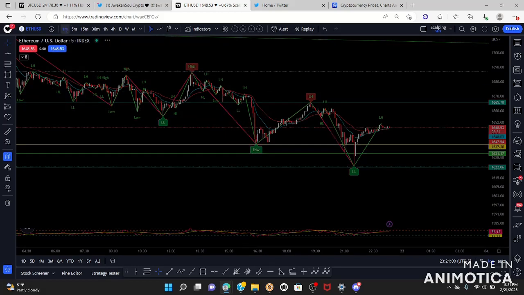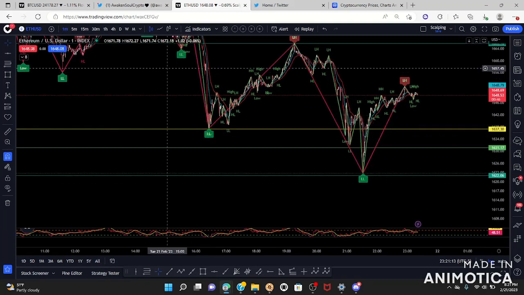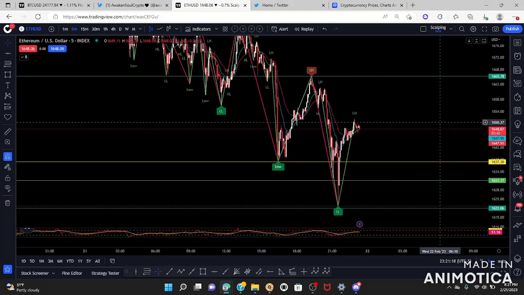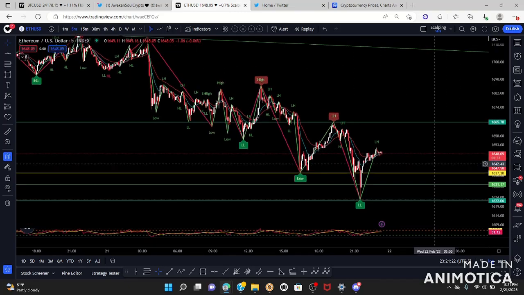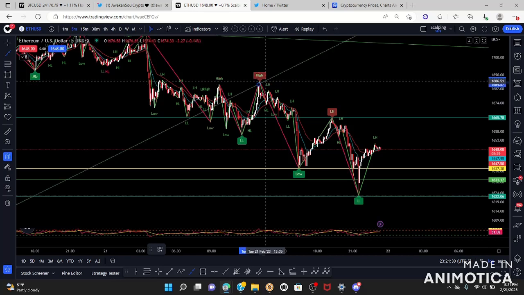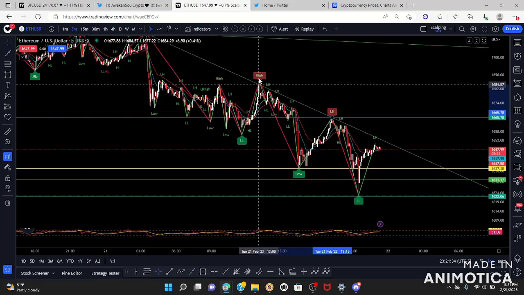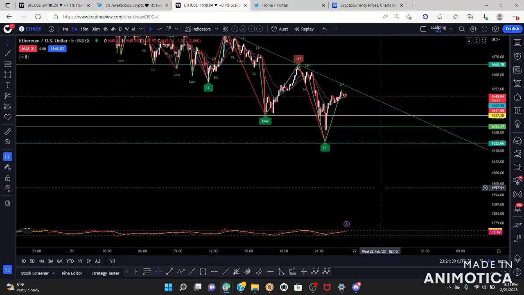Even within my 1 minute, right? I would actually consider shorting from this new higher low that's appearing right now. If I was just coming into the charts, I would set a trend line here. Right, most likely it's just going to roll over and make that H right now.